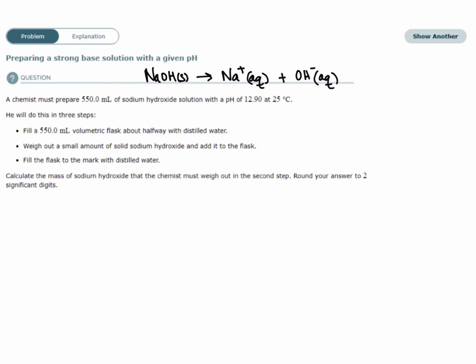So we've got a balanced chemical equation. The next thing I want to do is list my given information. They've given us the volume of solution, 550 milliliters, and I'm going to go ahead and convert that to liters. And they've given us the pH, and we're asked to solve for the mass of sodium hydroxide.